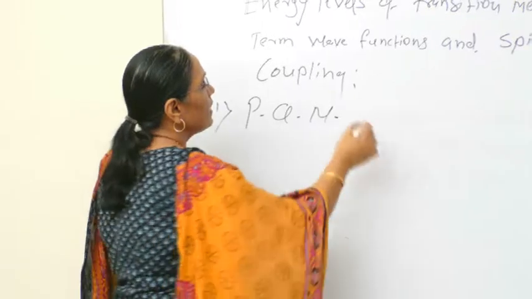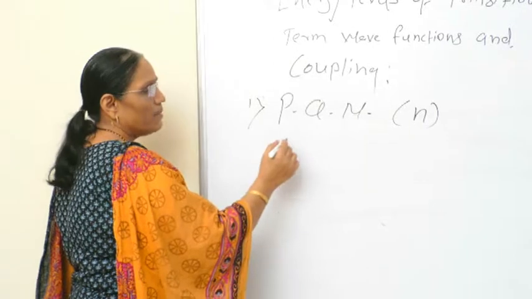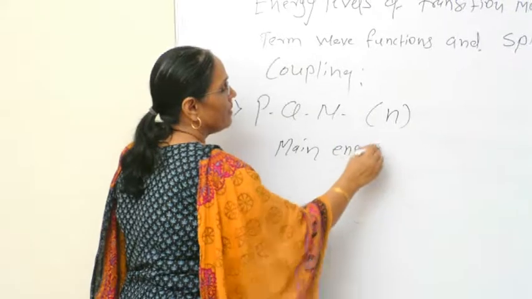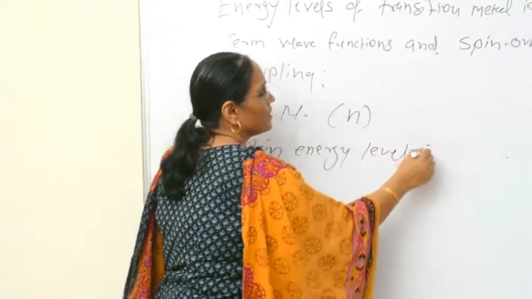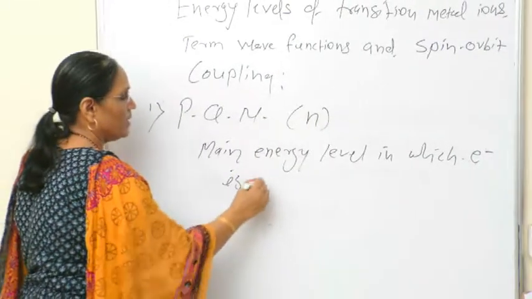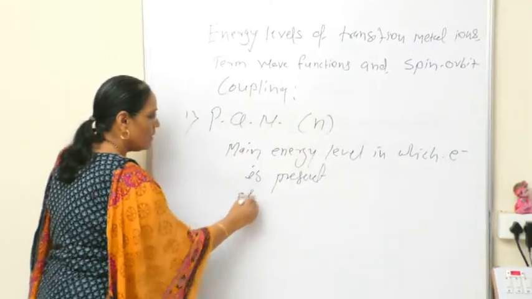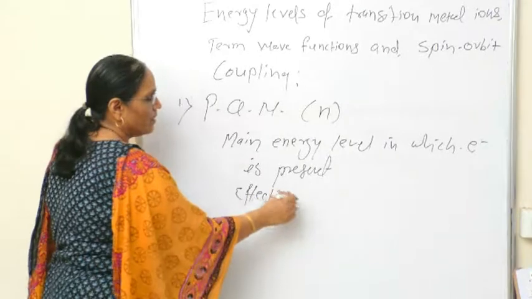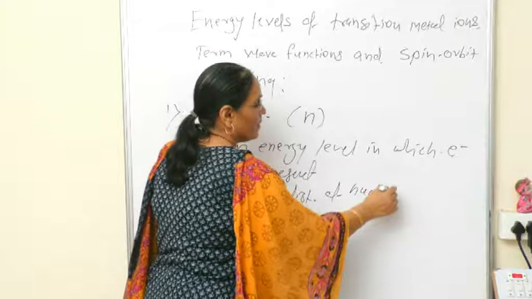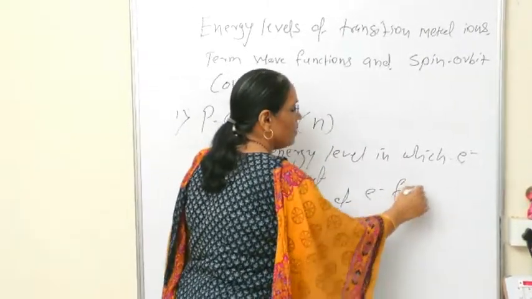It is denoted by the letter small n, and this number gives the main energy level in which the electron is present. This number also gives the effective distance of the electron from the nucleus.